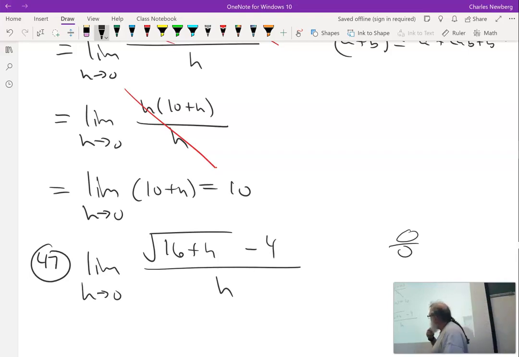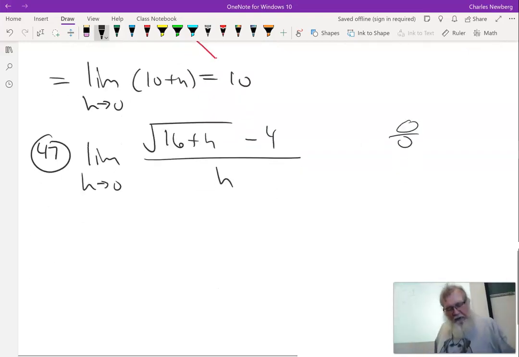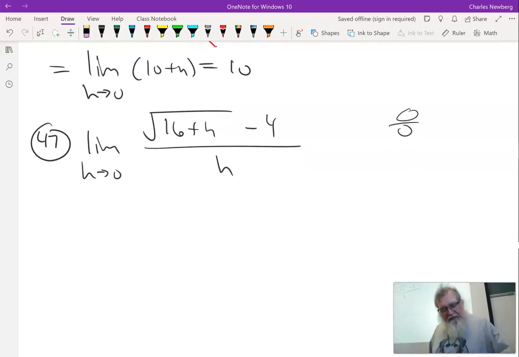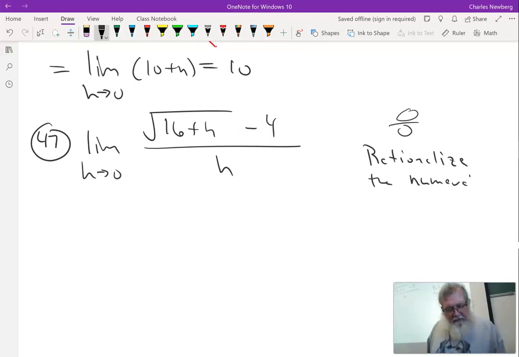So we want to get rid of the radical. There's not a lot to do down here, but we have a numerator here. And what are we going to do? We're going to rationalize the numerator.